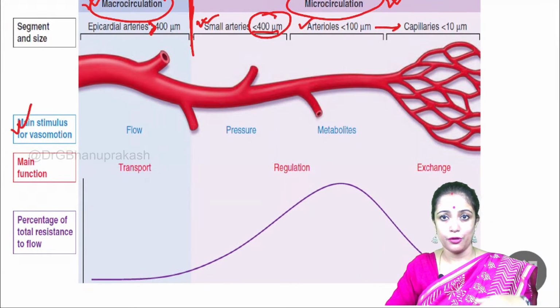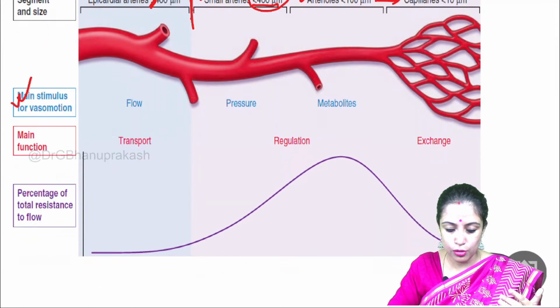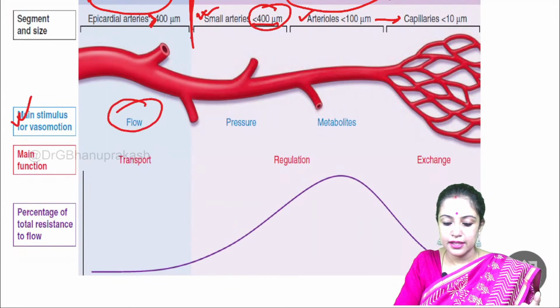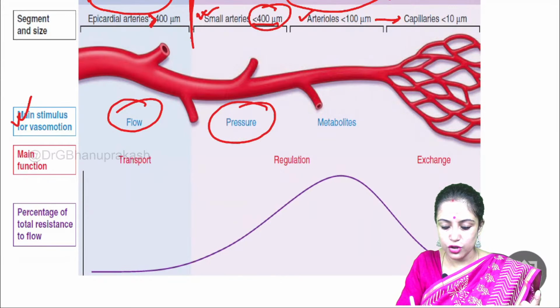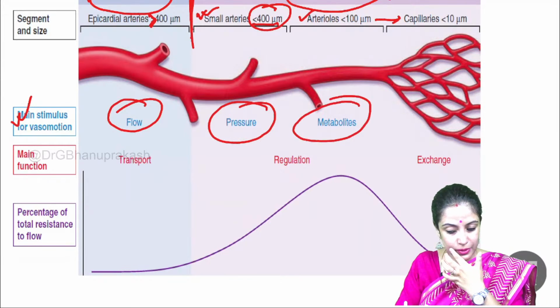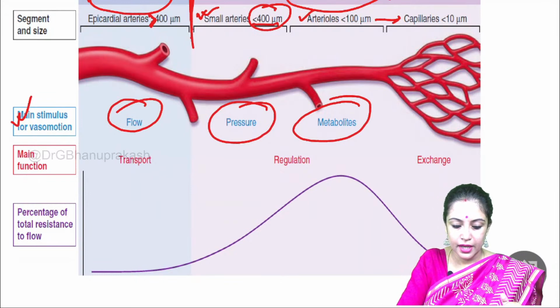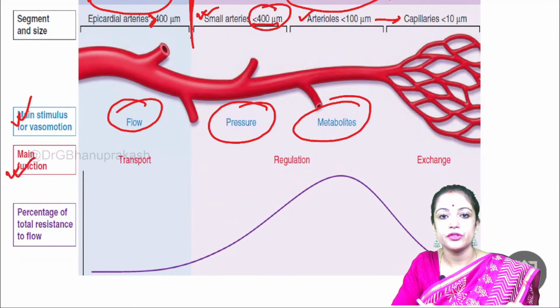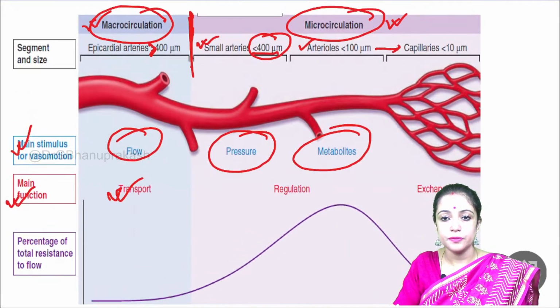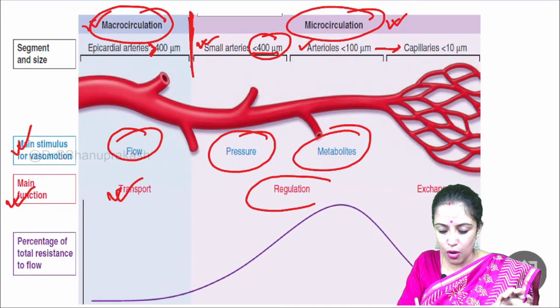The main stimulus for vasomotion or blood flow in the epicardial coronary artery is the flow. In the small arteries, it is the pressure. In the arterioles, it is the metabolite, and in the capillaries also it is the metabolite. The main function of the epicardial coronary artery is transport, and in the microcirculation, it is the regulation of circulation.